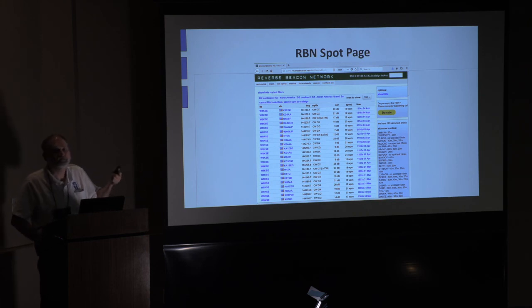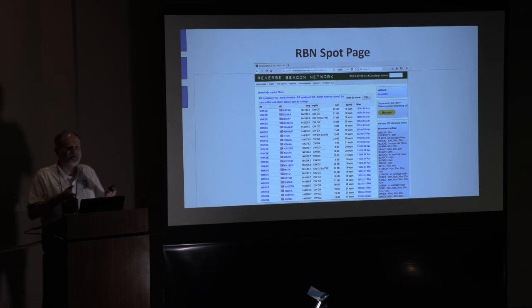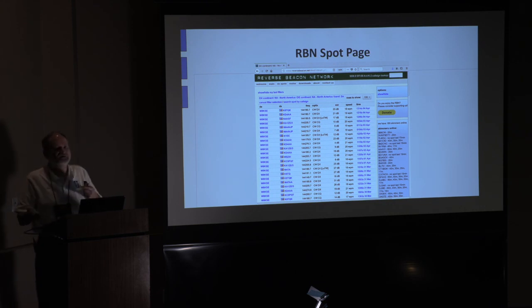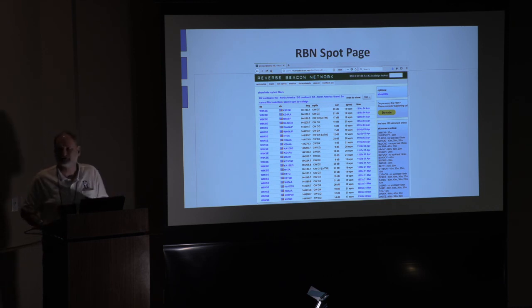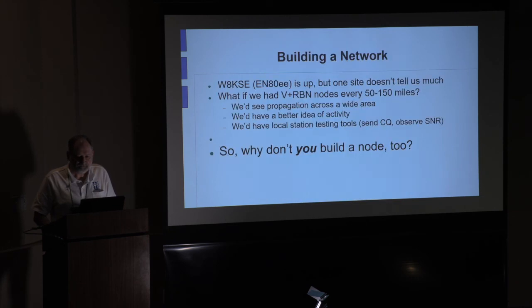So as we get to the higher frequencies, it might make sense to have receiver nodes that use a directive antenna pointing at a known beacon and just use it as a propagation tool for that path and detect enhancements by the signal strength rather than by the number of stations that you see, simply because there aren't enough stations that you could pick up.